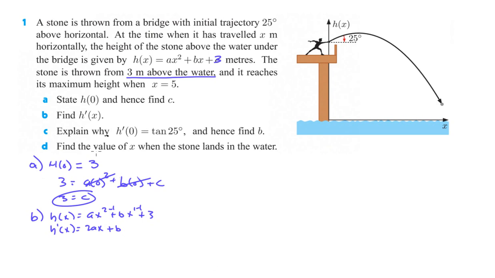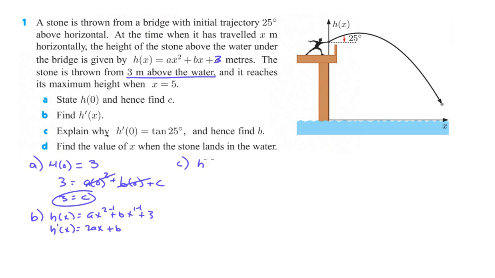Okay. Part c, explain why the derivative at 0, when time is 0, equals the tangent of 25, and hence find b. So this is part c. If you'll remember, the derivative at 0 is going to give us our slope, right?